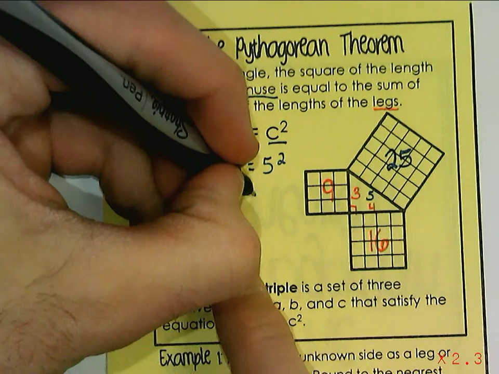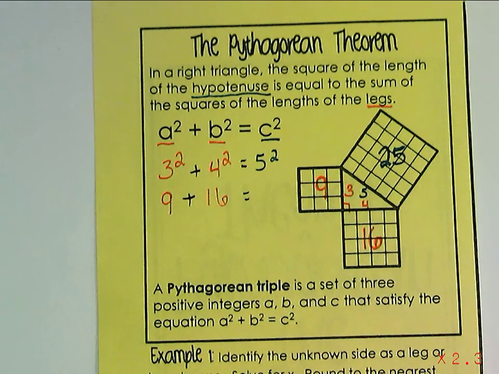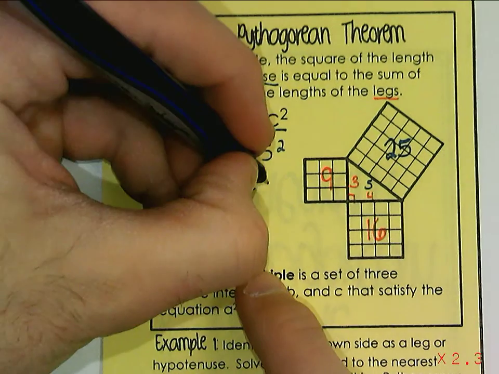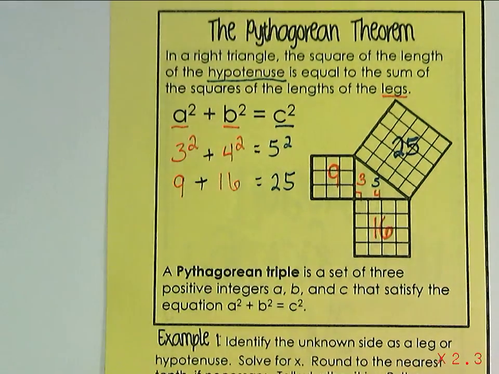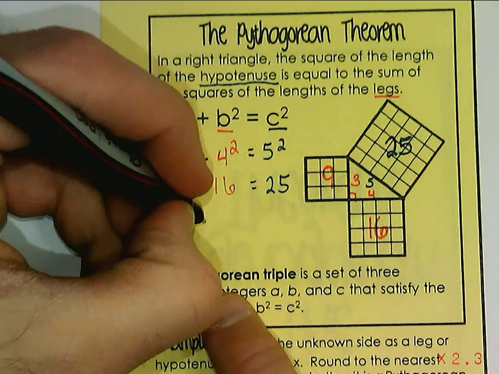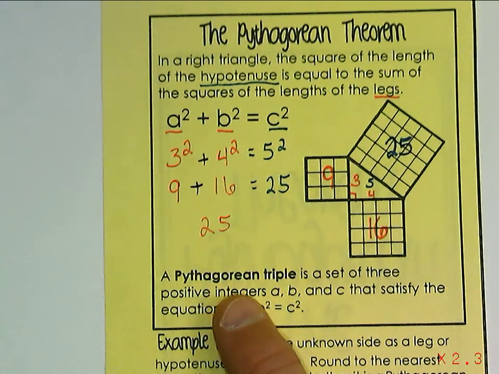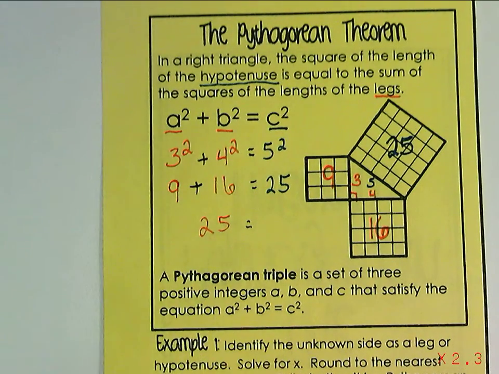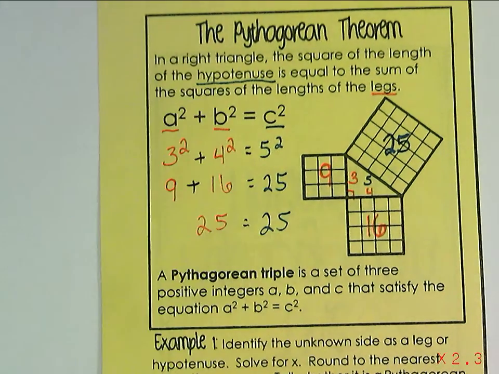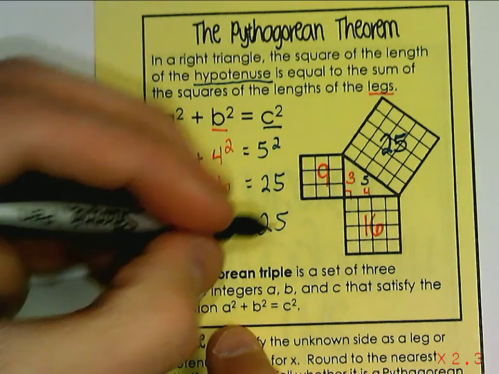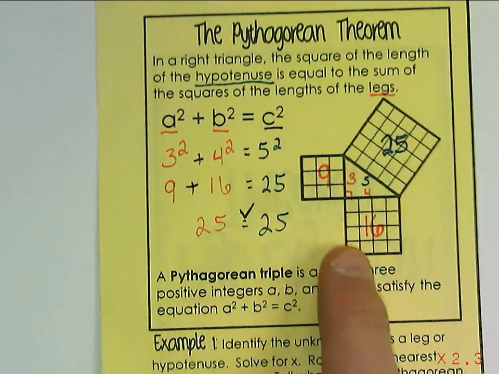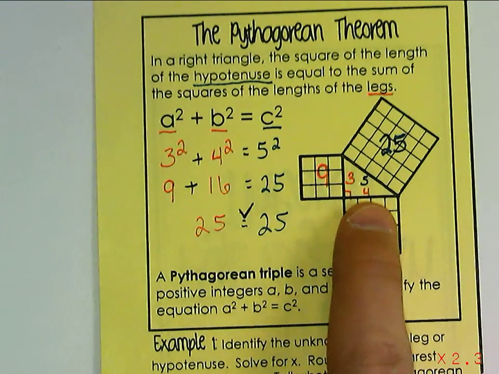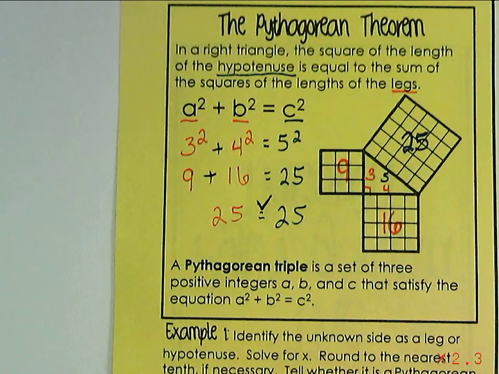And that is equal to 5 squared, which is 5 times 5, or 25. 9 plus 16 is 25, which means 25 is equal to 25. So in this case, this works out. A triangle with sides 3, 4, and 5 would satisfy the Pythagorean theorem.